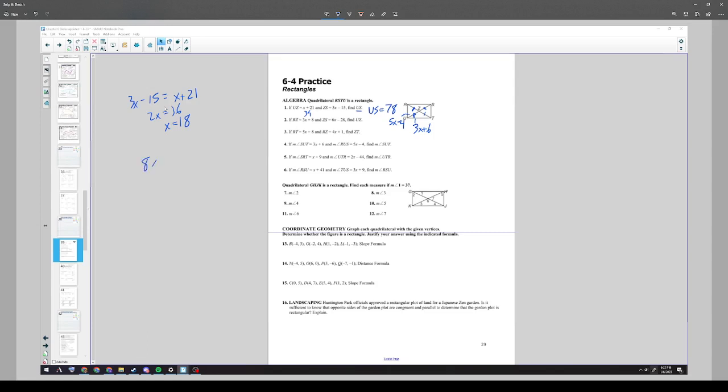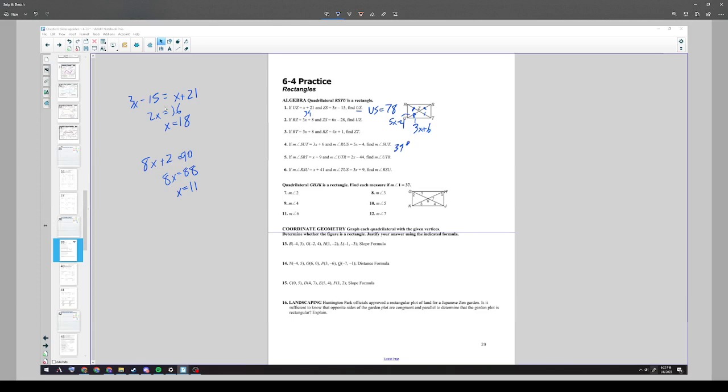If I add them, I get 8x plus 2, and we set that equal to 90 degrees. So 8x equals 88, x is 11, but again, they want us to plug something in. They say find SUT. That's 11 times 3, 33, plus 6, so 39 degrees.